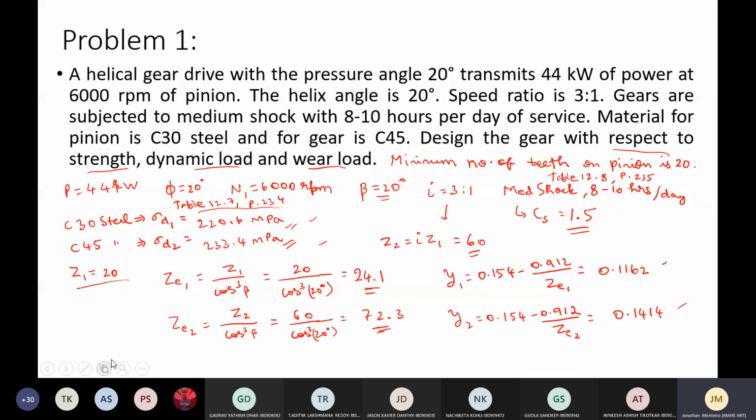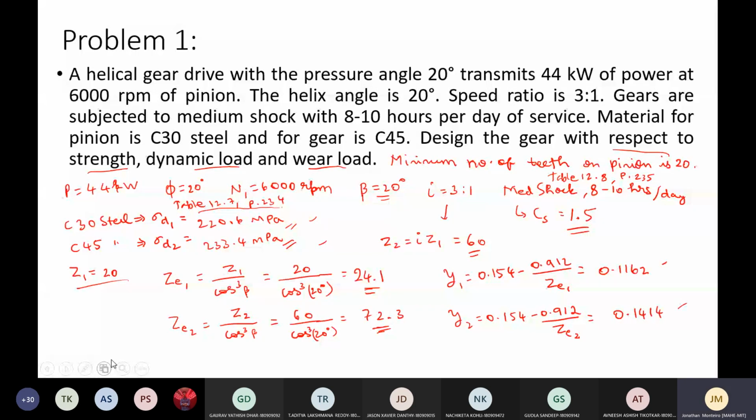Notice one thing, that module is 3 mm. Okay, module has become 3 mm now.